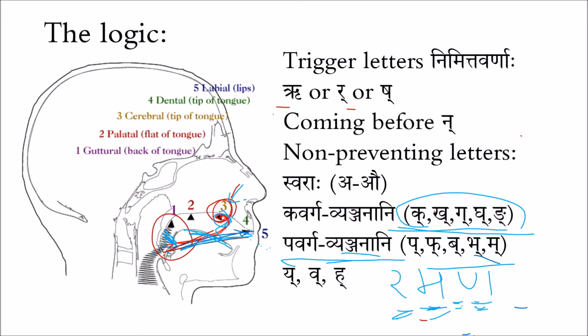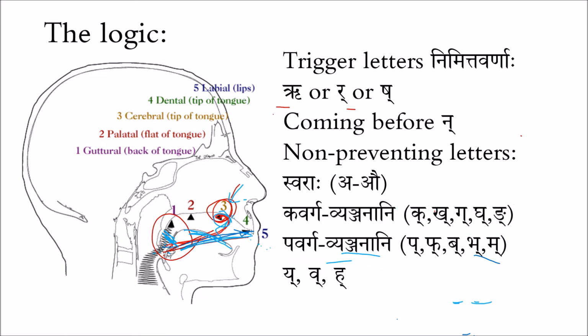Now, what about ya, va, ha? These are also non-preventing letters, right? That is what we saw in the rule. The non-preventing letters are like this: all the swaras, ka varga and pa varga. Swaras don't involve twisting of the tongue, which stays in natural positions. There is a little bit of movement when you say e, but not much.